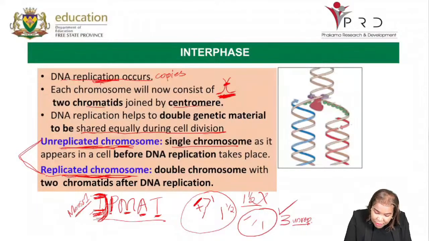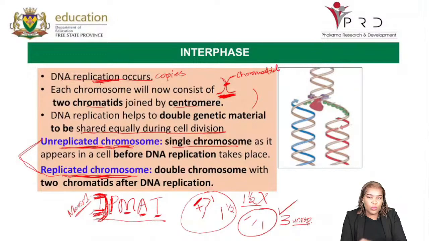Then we can only refer to this thing as a chromatid if it is joined together with something else like this. But if it is just one, you call it an unreplicated chromosome. Please get that. Remember that. Once it is just standing there alone in a singular form like that, we say it's an unreplicated chromosome.